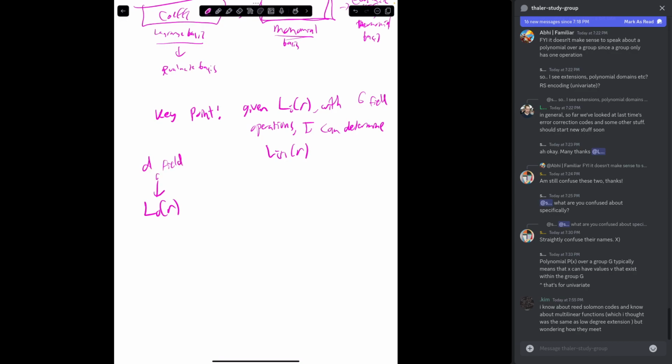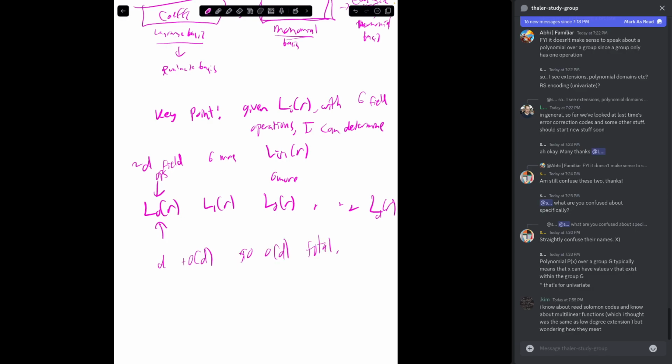Then I can get L1 of R with 6 more field ops, L2 of R with 6 more, and so forth. In the end, I spend D just to get L0, and then order D, like 6D or so, to get the rest, which is order D total.